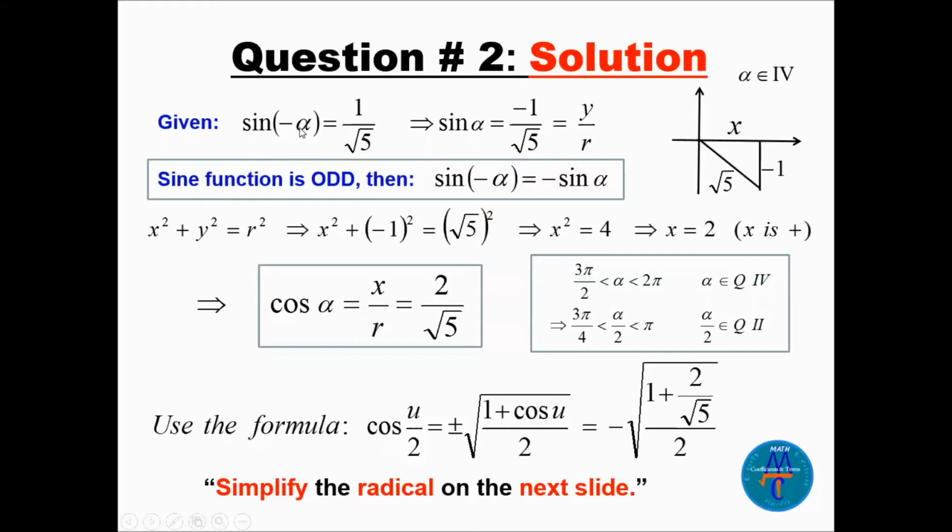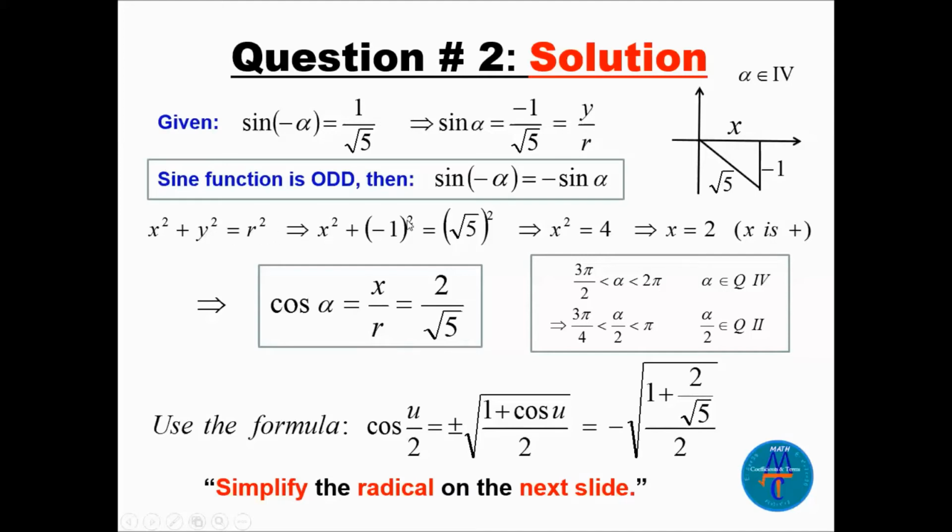Since this is an odd function, I can take the minus out. And I know the sine of any angle alpha is y over r. So I draw a triangle in quadrant 4. The y is minus 1. The x I have to find. r is the square root of 5. I use the Pythagorean formula, x squared plus y squared is equal to r squared. x squared I leave it.